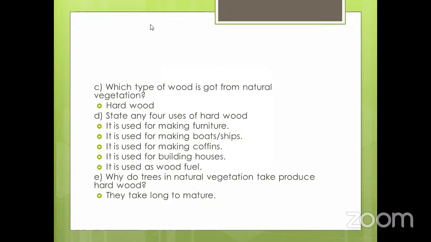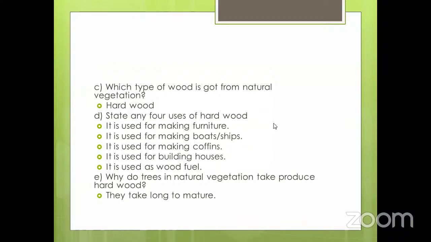And we looked at the types of natural vegetation. Yes, Techno, we are waiting for you. Natural vegetation.